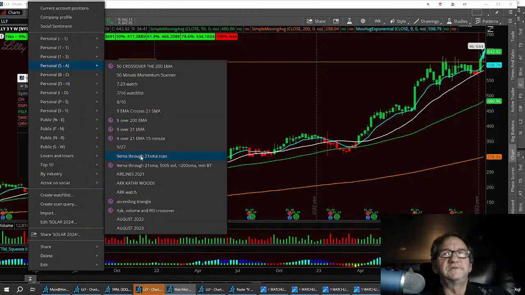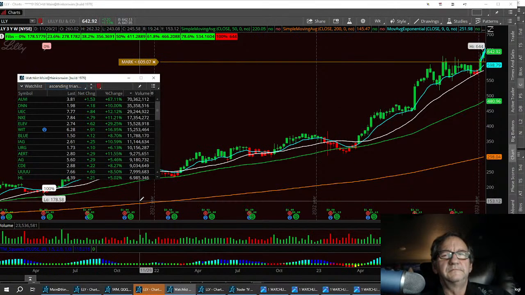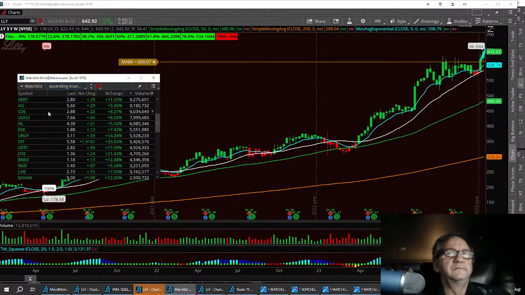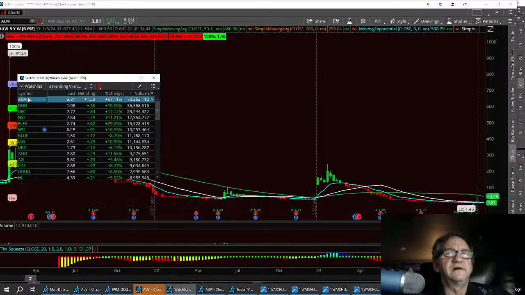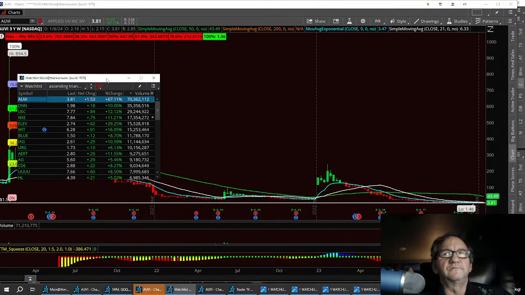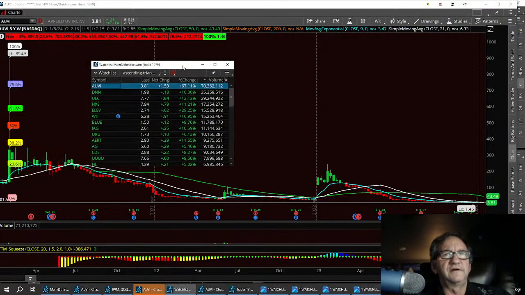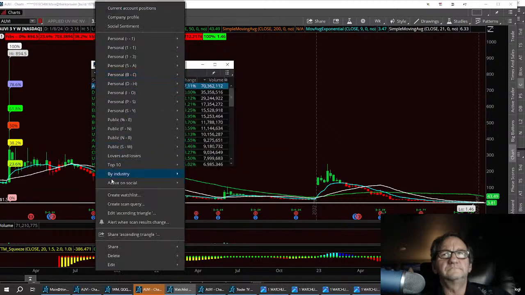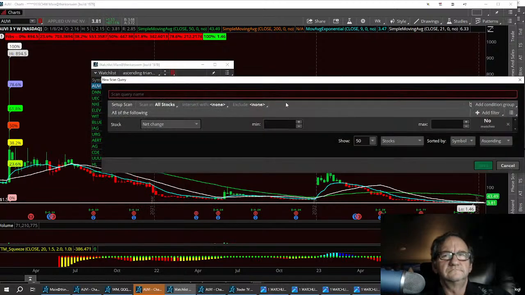I'm looking at an ascending triangle right here. AUVI. So I pulled up an ascending triangle scan that I have.